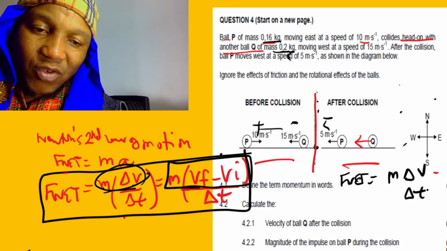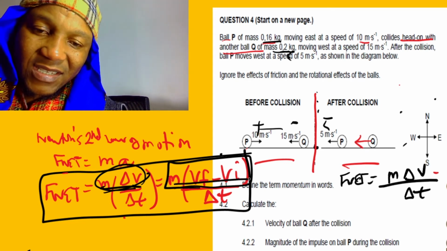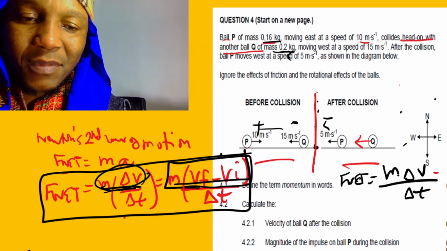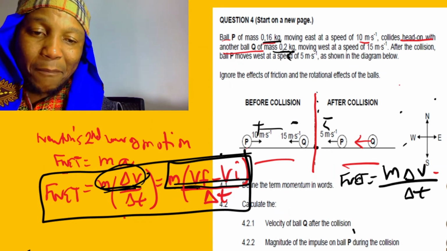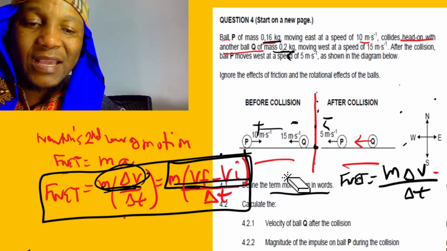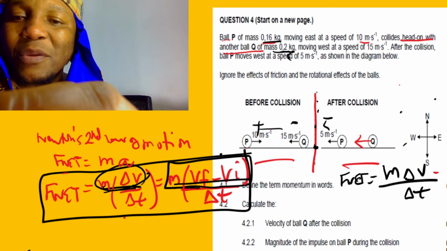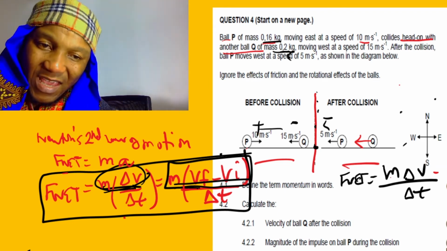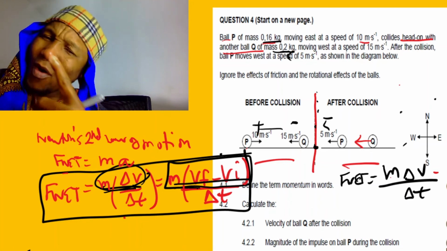Do you agree with me? We just did it now, mass times velocity equals linear momentum. How do we represent it? We use the letter P.